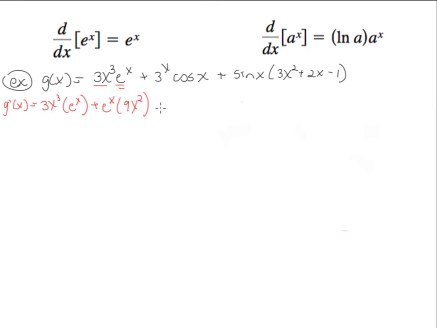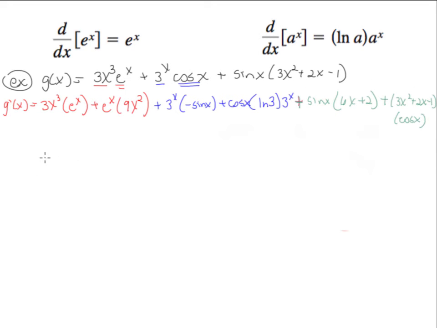Now for 3 to the x times cosine of x, we do the product rule yet again: first times the derivative of the second, plus the second times the derivative of the first. Then finally, in the last term of the original problem, I do the product rule again. Whew, that was a long one.